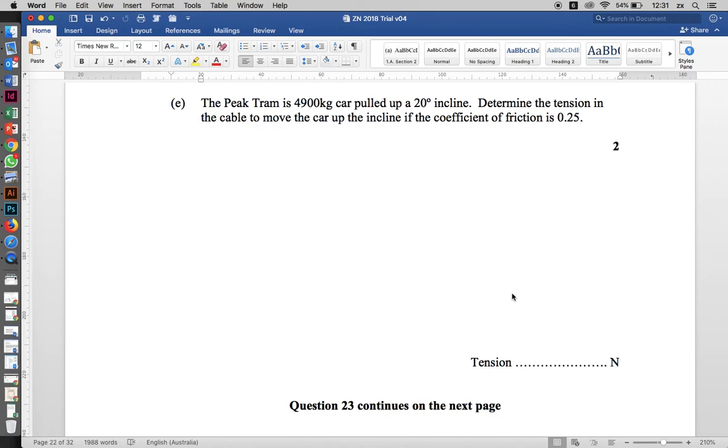So it's mg sine 20 plus mg times 0.25 cos 20. Just check, I'll say that again: mg sine 20 plus mg 0.25 cos 20 gives us 176.5 times 10 to the 3 plus 115.1 times 10 to the 3.